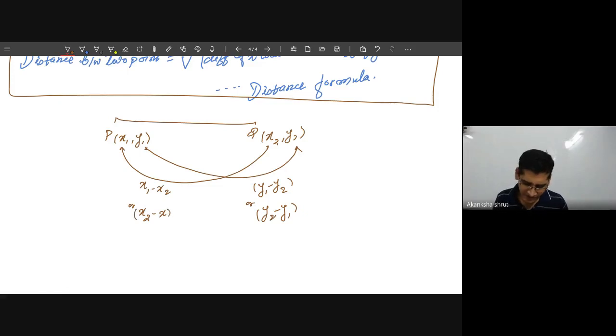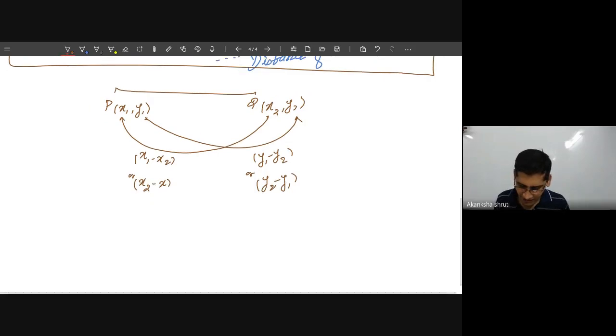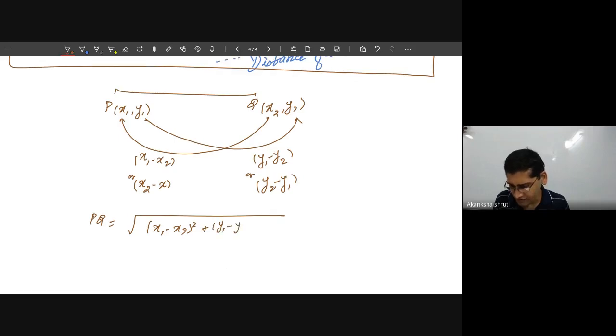So here, whatever these differences are coming, you have to square it and add it. x1 minus x2 square plus y1 minus y2 square. It is same as x2 minus x1 square plus y2 minus y1 square.